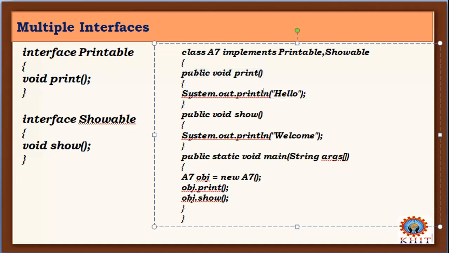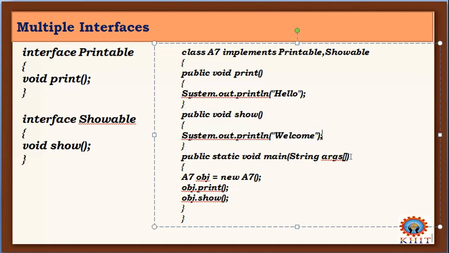In that I have written System.out.println hello. It is simply printing a statement called hello. Similarly, I am writing the complete definition of the show method, public void show, System.out.println, and I am printing welcome on the screen.